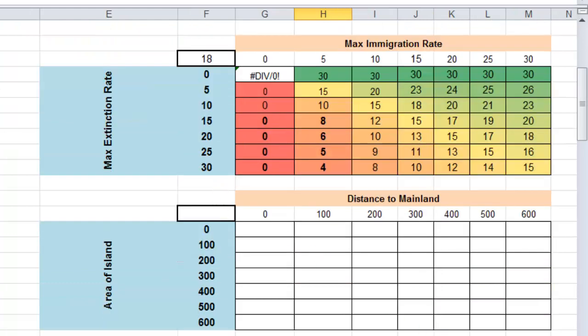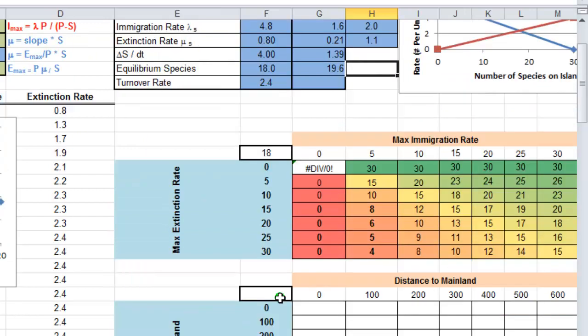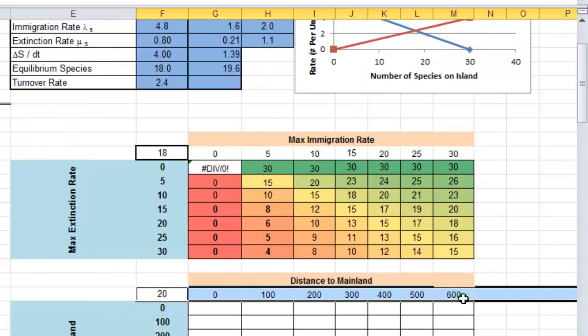I'll try to shrink my sheet back up a little bit. Our reference here in the left corner of our data table must refer to a value, and we're going to tag that to the equilibrium number of species with the adjusted model. So once again, we're going to select our entire data table.